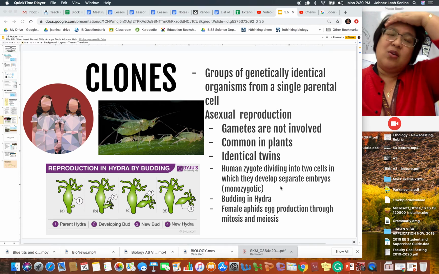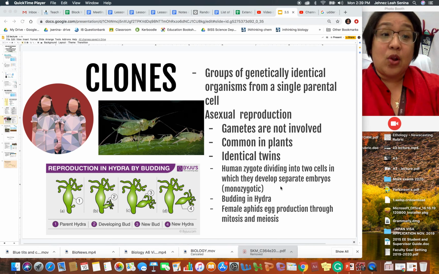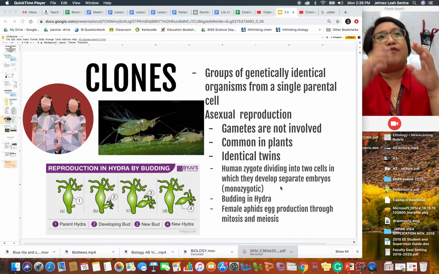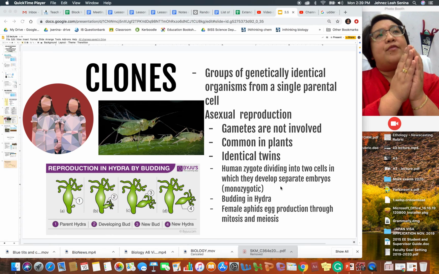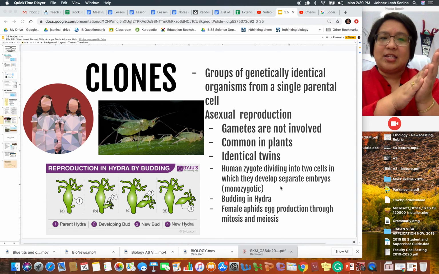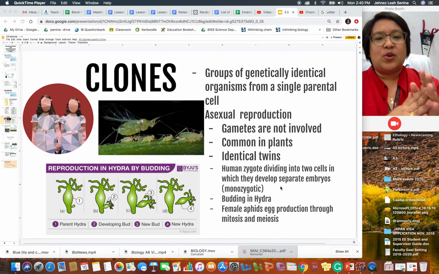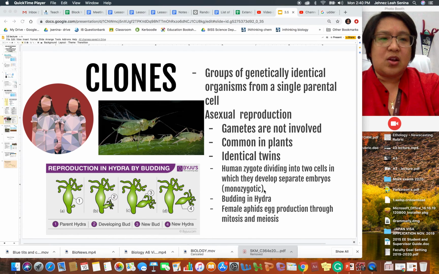So, in a way, that is an example of cloning. However, it's not exactly cloning, because although twins came from one cell, we have found out that twins who are genetically identical still have different patterns of fingerprints. So we normally just call them monozygotic, meaning they came from one zygote, not really clones.